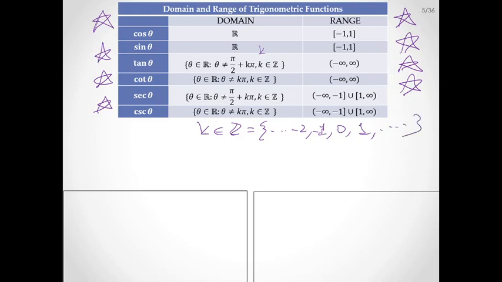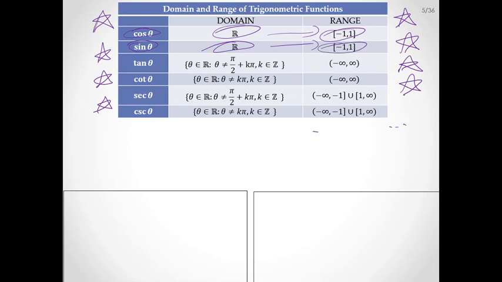So you put them here, one by one, and then you find all the numbers that will be removed from the R. But the good thing about cosine and sine is they accept any angle, and their values will always be between minus 1 and 1.